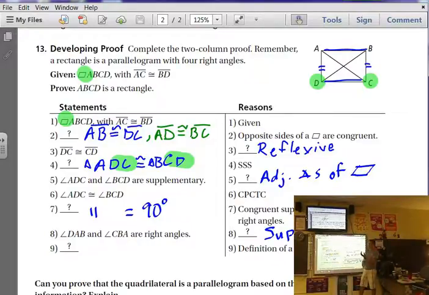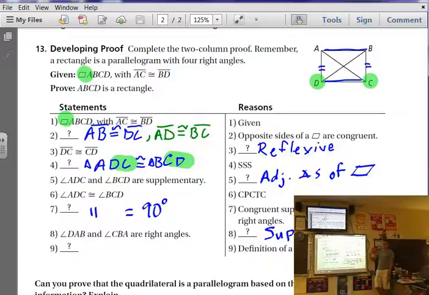But don't you always conclude it with what you're proving? Yeah, but you could say that, but you're essentially just defining it there. So if I was doing this, I'm not saying that you have to. If I was doing this, I would maybe add a step that says ABCD is a parallelogram with all right angles, which makes it a rectangle. Now, you don't have to write that much out.